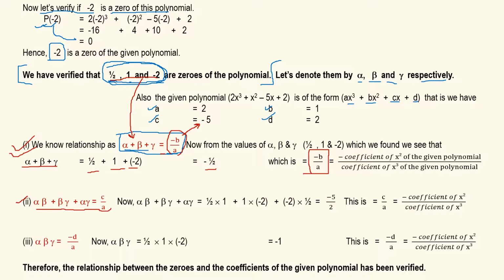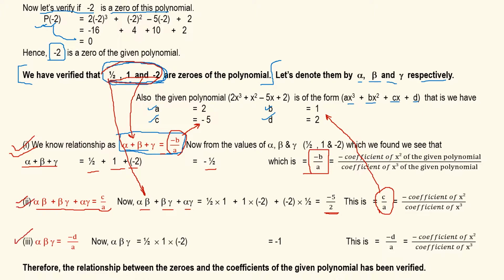So now let's use the values of alpha, beta and gamma that we verified just now into the left hand side, and we get the value of alpha beta plus beta gamma plus alpha gamma is equal to minus 5 by 2, which we see is indeed equal to c by a when we use the values of c and a from here. So this relationship has been verified as well.